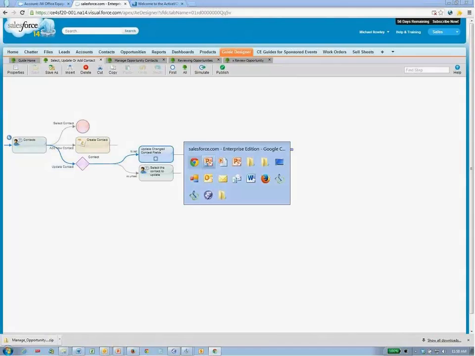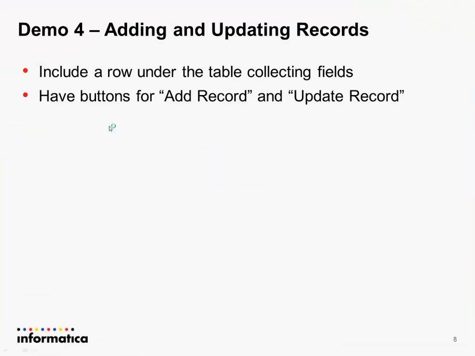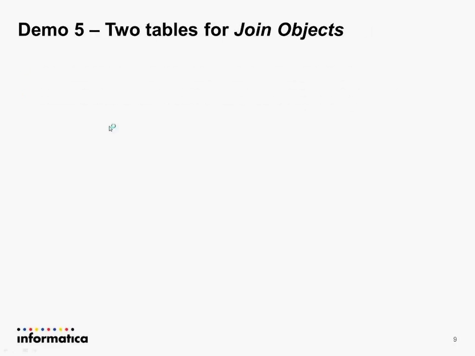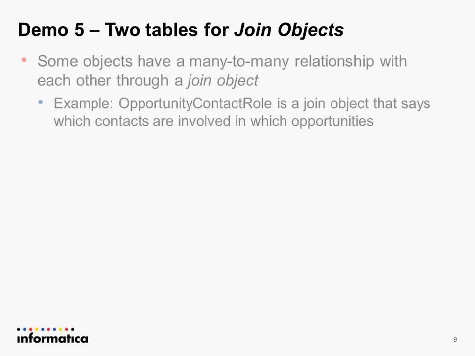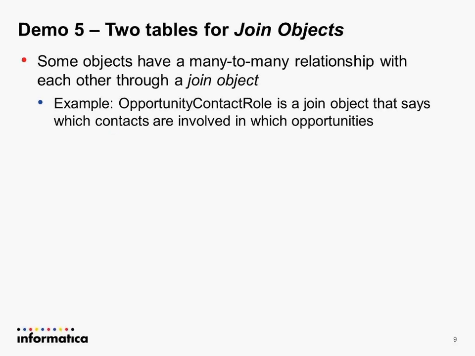Now there's another, let me go to my last demo, which is having two tables for join objects. The basic scenario is that there are objects that have a many-to-many relationship with each other through what's called a join object.